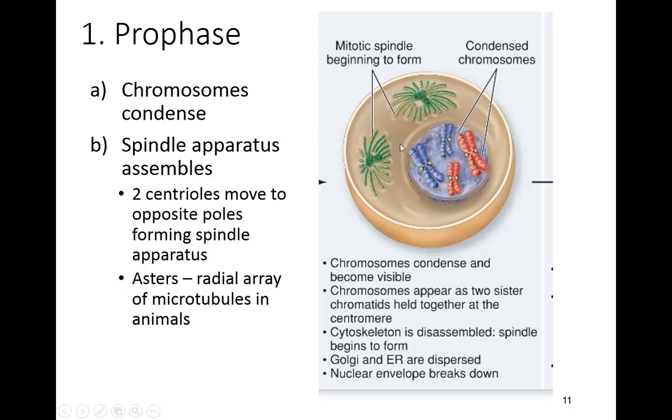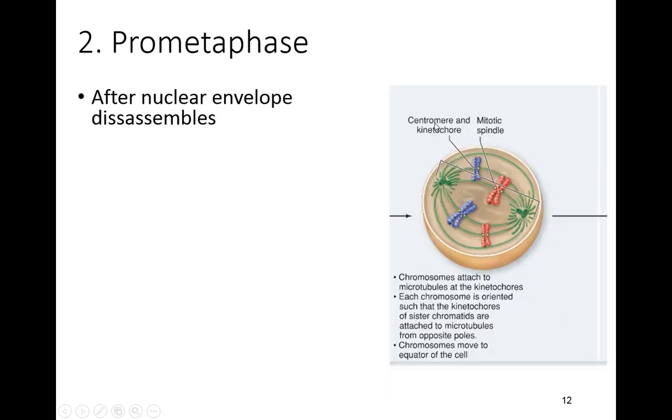This circular array of microtubules is called an aster, and those are only found in animal cells. And then the nuclear envelope breaks down. So that needs to happen in order for chromosomes to move to the other side of the cell.